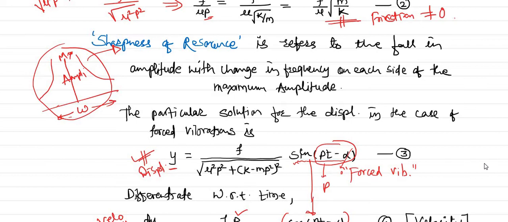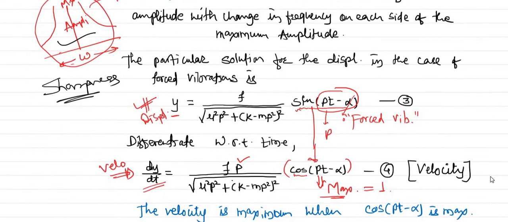That means we have to talk about this type of curve or graph, in which we have a falling in amplitude on both sides of a maximum. That particular thing is known as the sharpness of resonance.